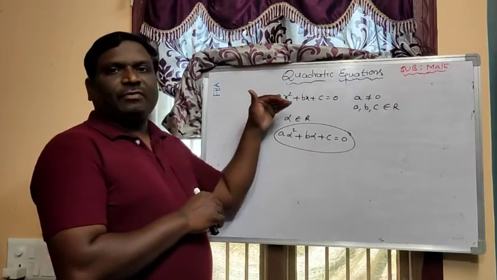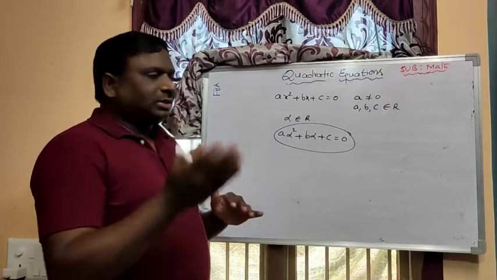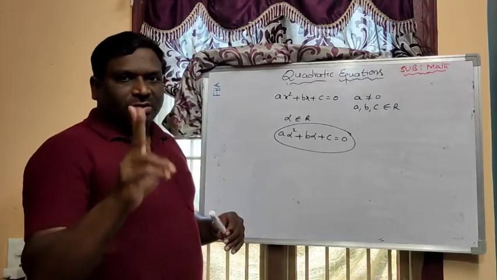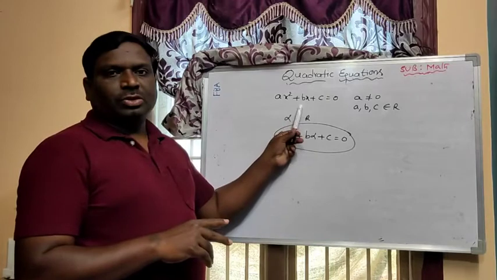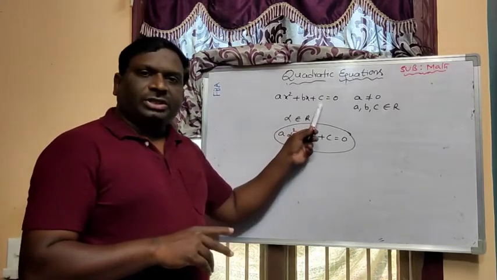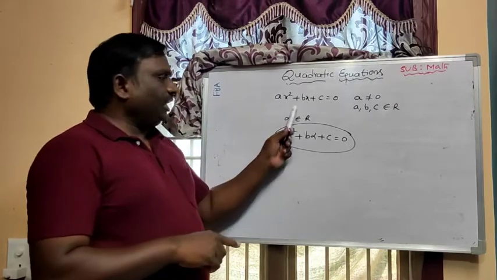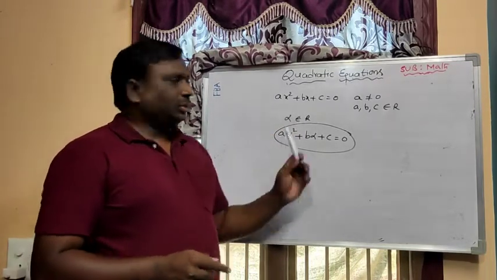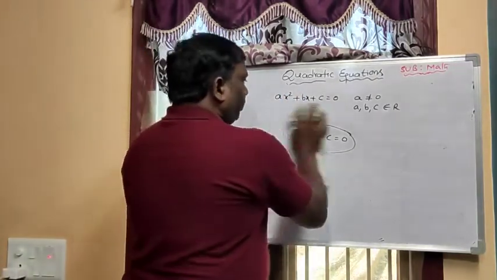If the highest degree is 5, then 5 solutions will come. When we discussed polynomials, a quadratic polynomial has 2 zeros. For a polynomial we say zeros, and for a quadratic equation we say solutions. According to the degree, the number of solutions will come.